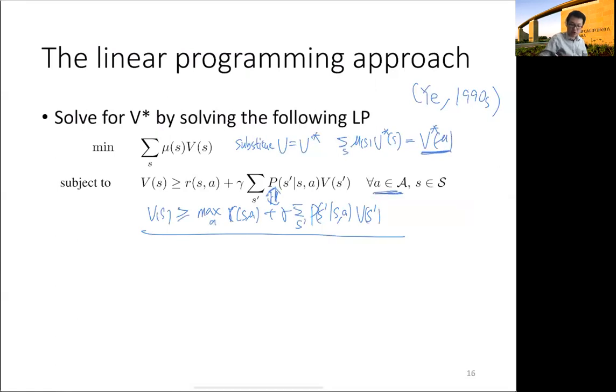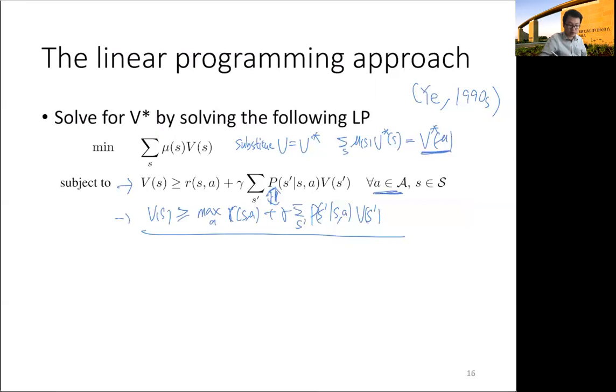Notice that if you satisfy this inequality for all a, then you automatically satisfy the max inequality. The constraint is saying, let's find the smallest possible upper bound of the right-hand side of the Bellman equation, and meanwhile it needs to be self-consistent because the right-hand side also depends on V. By replacing this nonlinear convex constraint with a set of linear inequality constraints, you can make use of linear programs with off-the-shelf tools to solve it.